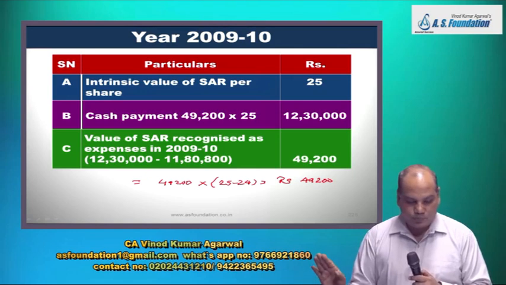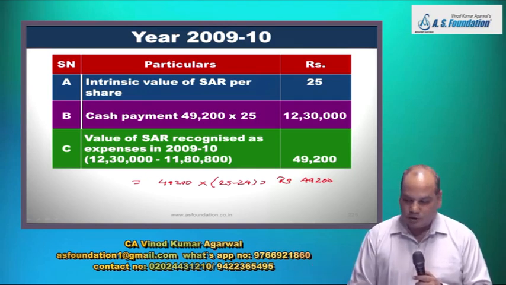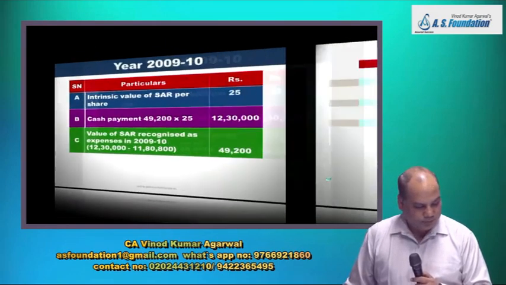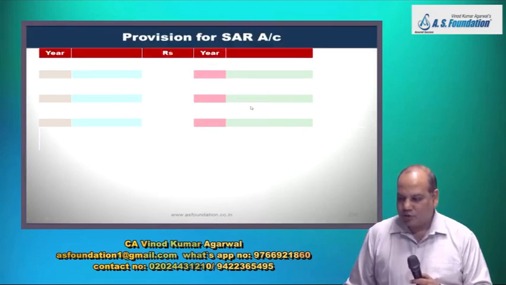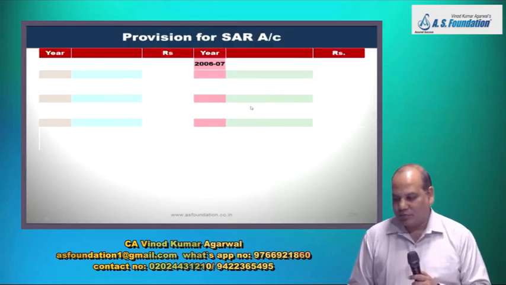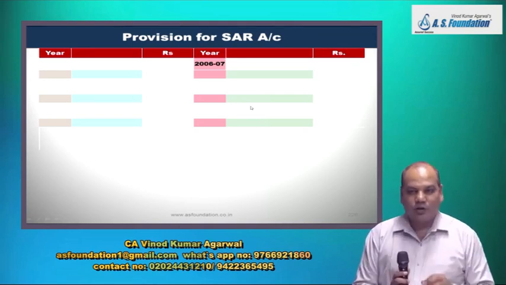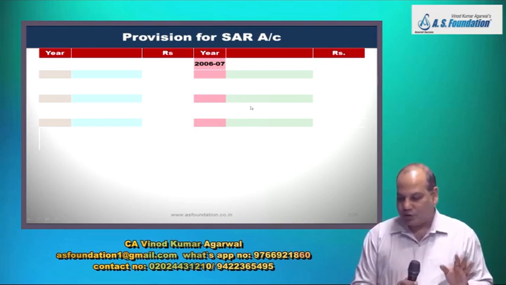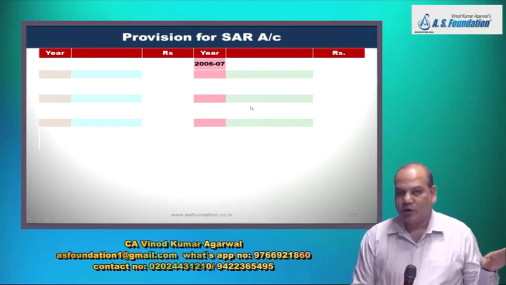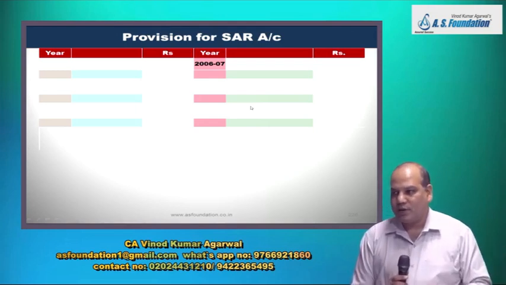Now we'll prepare the ledger account in this problem. In the books of the company, provision for stock appreciation right account, in bracket liability. Only one account they have asked you, the liability account. So first you understand the entry. Entry is employee benefit expense account debit to provision for SAR account.